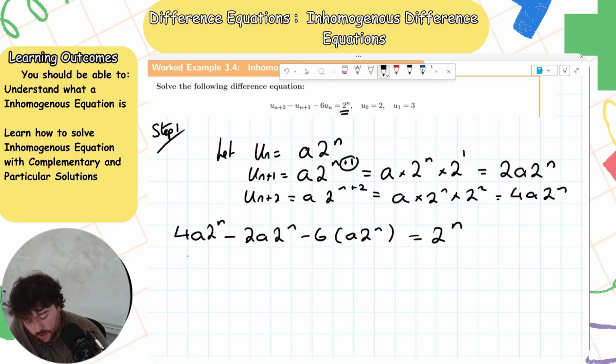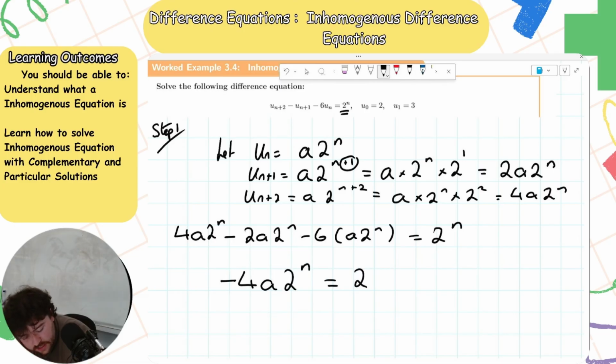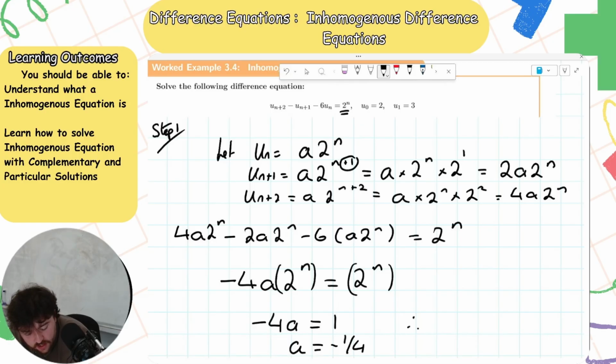So gather all these up: 4a minus 2a minus 6a. That is going to give minus 4a times 2 to the n equals 2 to the n. So I can divide by 2 to the n. So I have minus 4a is equal to 1 essentially. A is going to be equal to minus a quarter. Therefore, my particular solution is just going to be minus a quarter times 2 to the n.